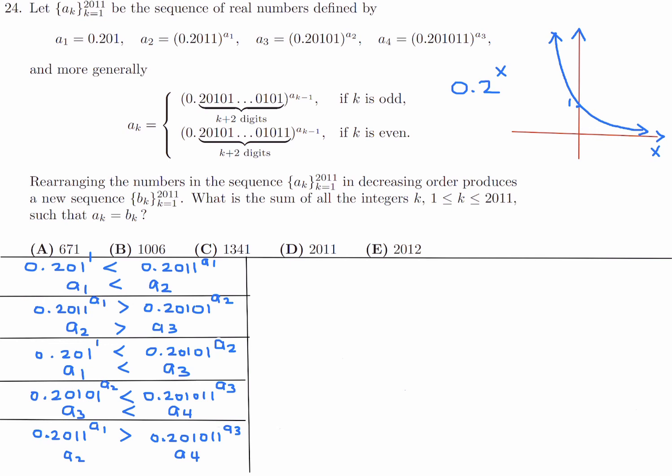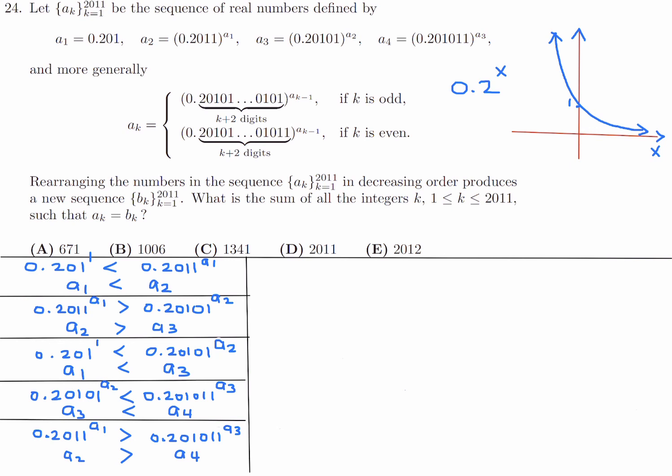But let's also compare the exponents, A1 and A3. Well, A1, we had earlier concluded, was less than A3. So we're going this way. So if A1 is less, that means it creates a number that's going to be greater. So indeed, this holds true. Therefore, A4 is indeed greater than A2.